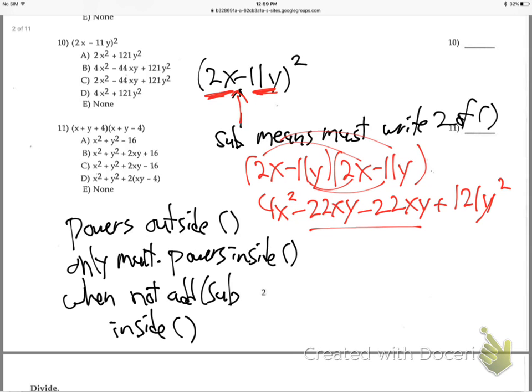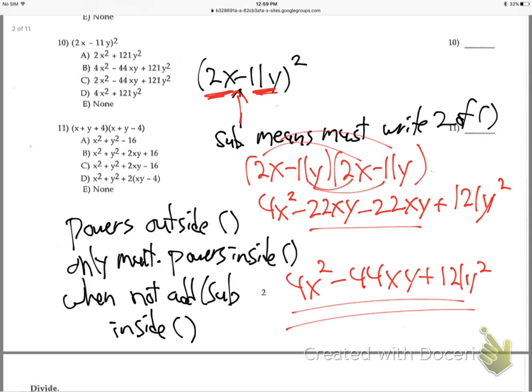Minus 22 and minus 22. Minus 44xy. There we go. Questions on that?